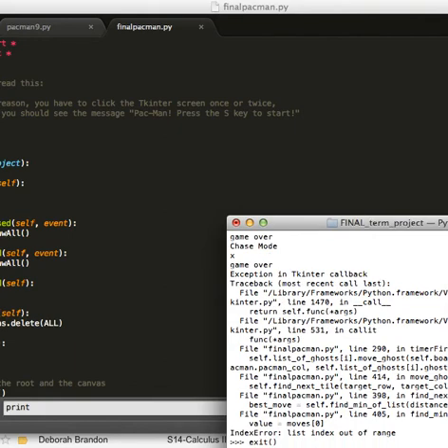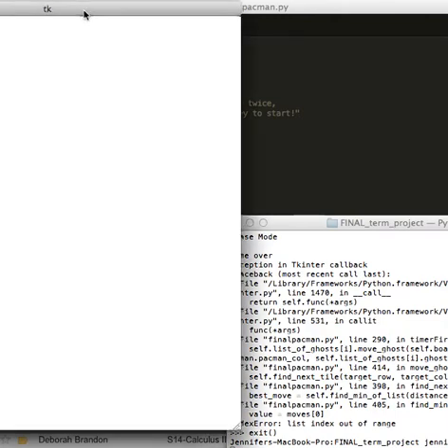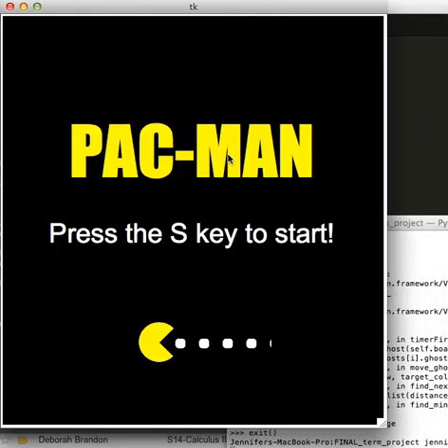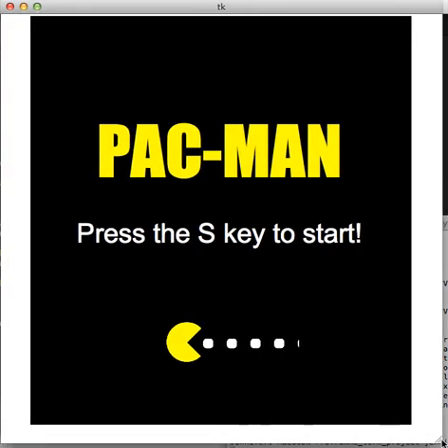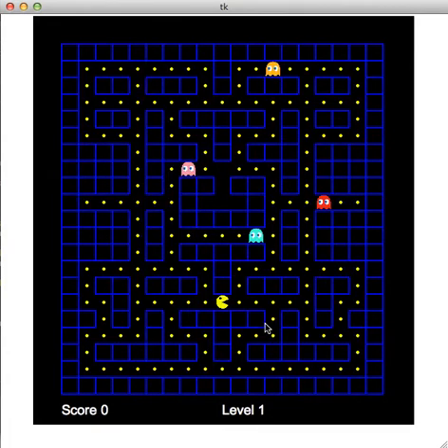Now I will reload the program and show how as the levels increase, the ghosts get faster as they move around the board. Notice how in this first level, the ghosts are moving fairly slowly.